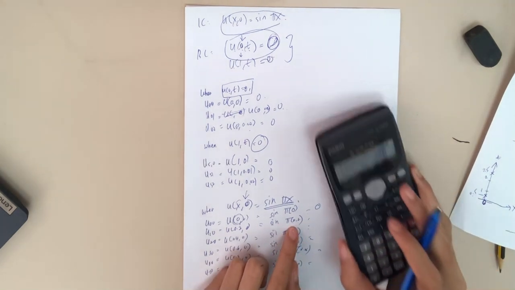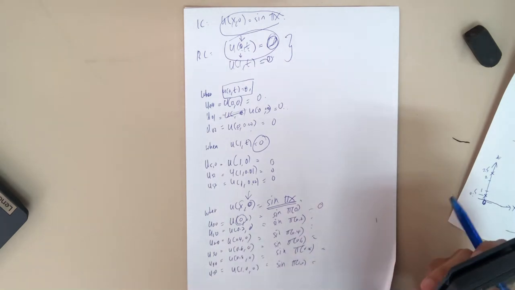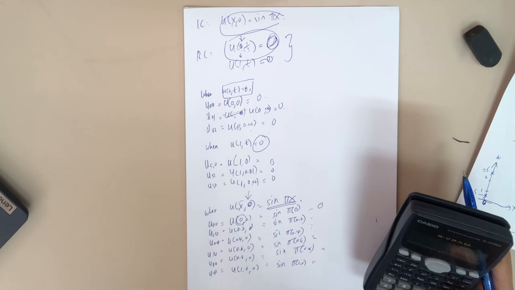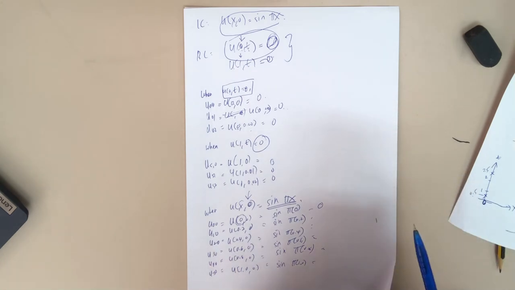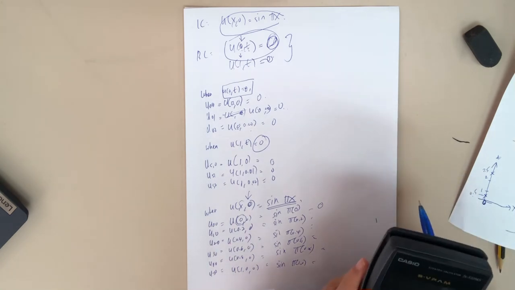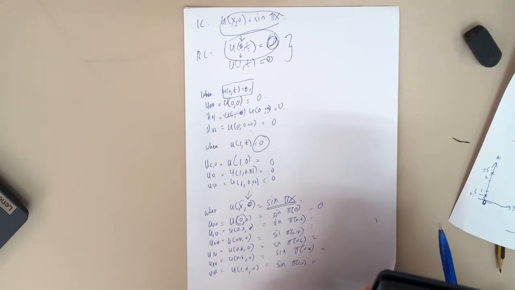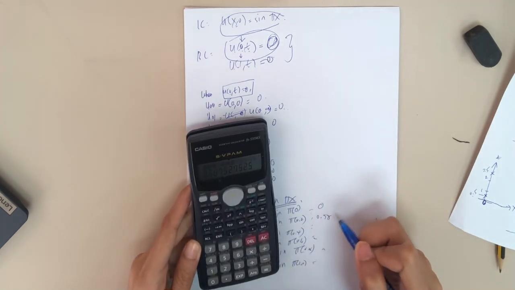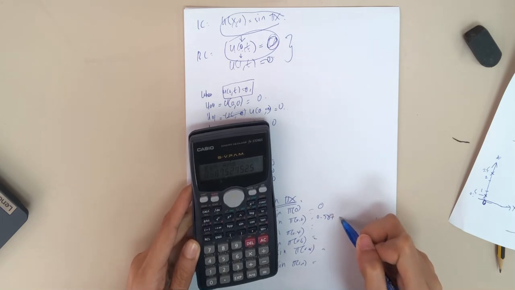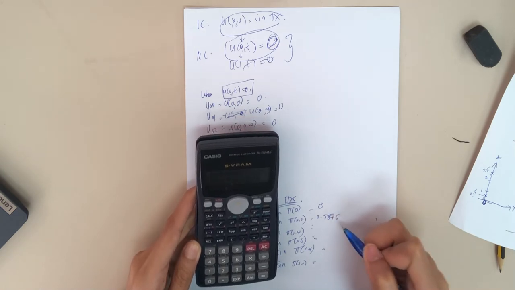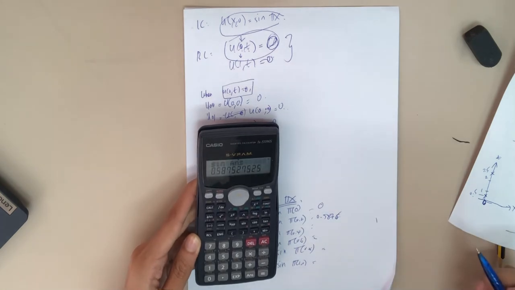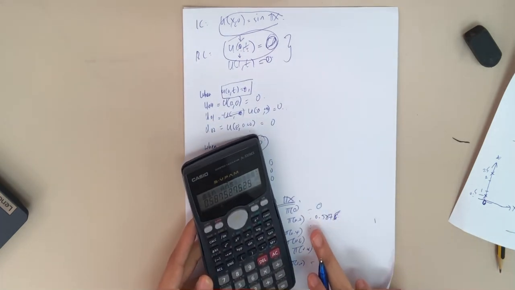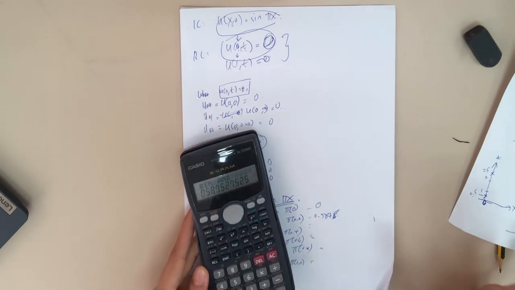You know that pi is 3.14, okay, 3.14 times 0.2 and then sine. So you will get 0.58775. Maybe ada yang lari sikit. But the answer that you should get is 0.587.